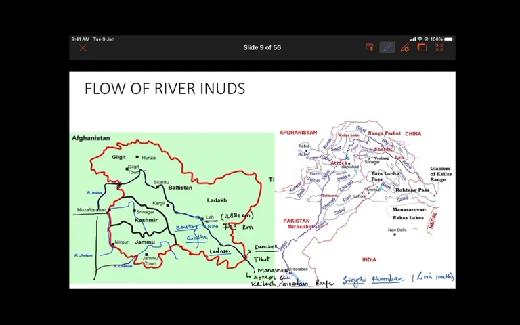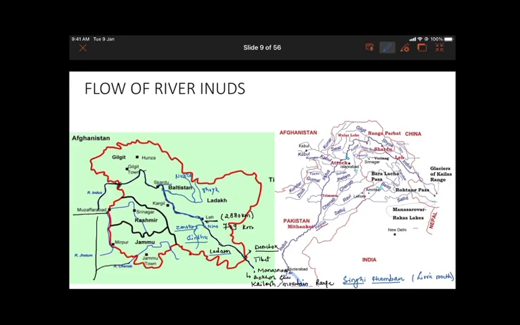Then it flows near Kargil, and before it reaches Skardu, it is joined by two other important rivers, that is river Shyok and river Nubra, which joins river Shyok. So Indus is joined by Shyok and Nubra near the town of Skardu.